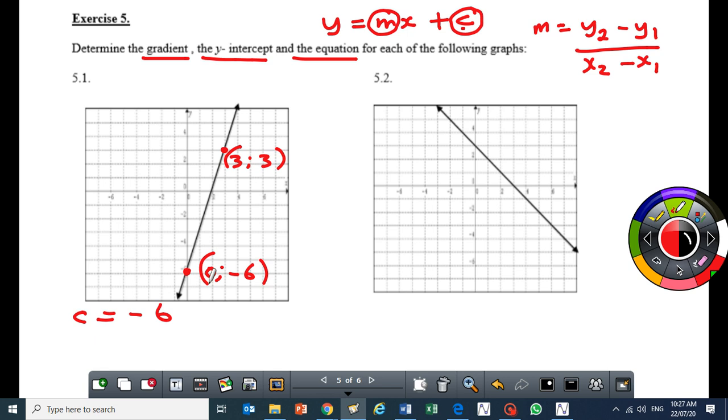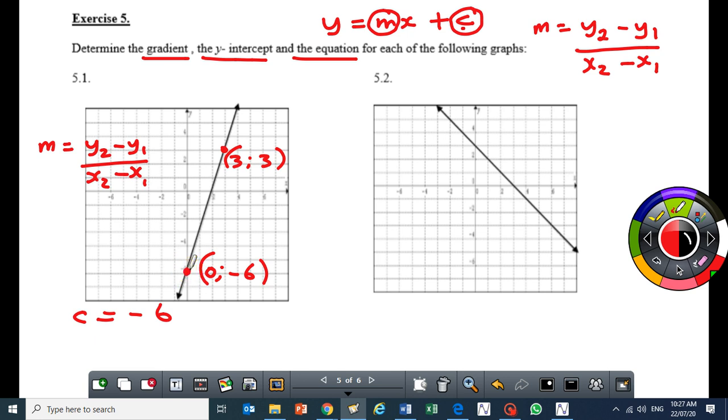Now I need to calculate the gradient. My gradient formula is m equal to y2 minus y1 over x2 minus x1. It's up to you to choose which point you want to have as your x1, y1, x2, y2. For me, I'm going to choose this point as my x2, y2, and that one will be my x1, y1.